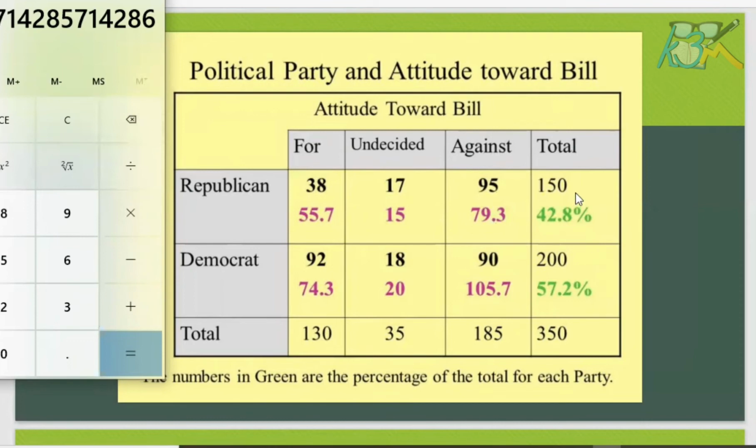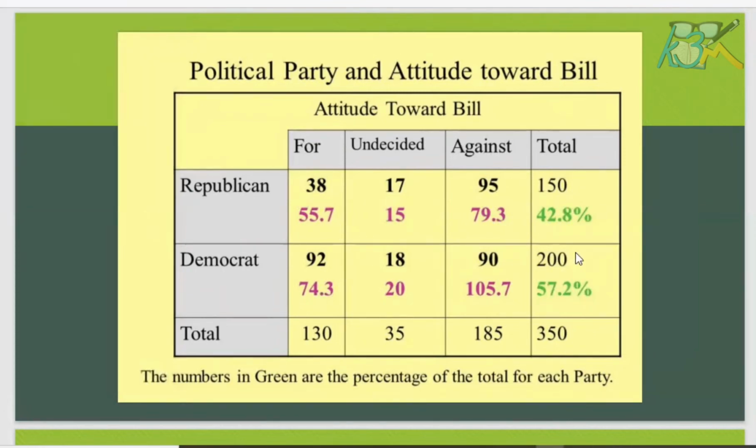Kung kunin mo yung percentage nito, pag i-total mo yan lahat, dapat mag-equal yan sa 100. So ito, 42.8 plus 57.2 is 100%, which is yung 350. Ito, the numbers in green are the percentage of the total for each party. Yan yung dami ng respondent.